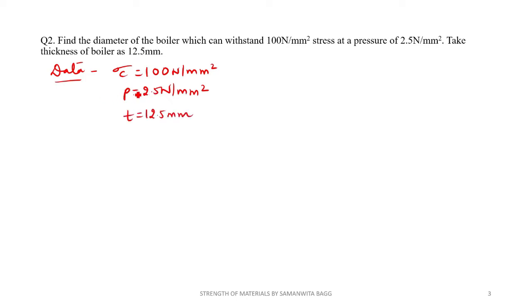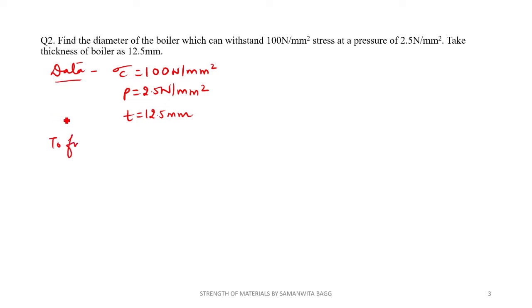Let's take another numerical. Find the diameter of the boiler which can withstand 100 Newton per mm square stress. So again, I'll take sigma C as 100 Newton per mm square at a pressure of 2.5 Newton per mm square. Take thickness of the boiler as 12.5 mm.